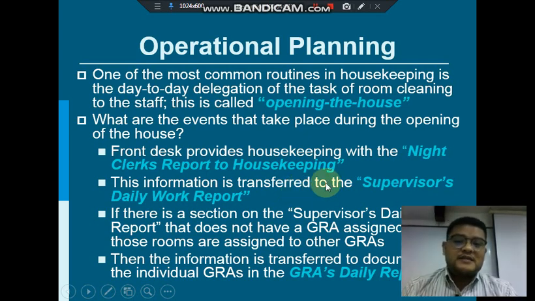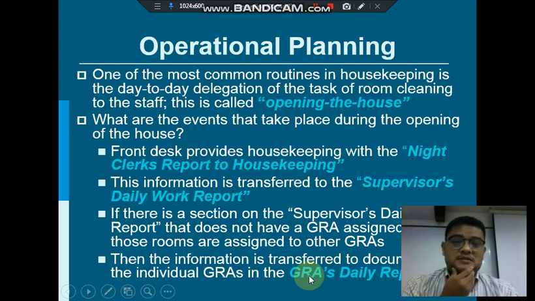So actually the supervisor's daily work report is the assignment of jobs to employees in tables. Later we will see the example. And based on the supervisor's daily work report, the information will be transferred into the GRA daily report.